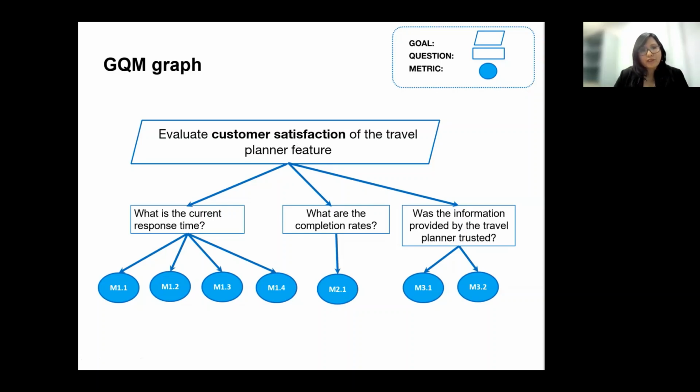And this goal is not following the template as you see, it is just a summary or very short important keywords. That's the goal. And then we have the questions in the second level, and then the metrics that are contributing to answer the questions. So that will be the GQM graph finally built.